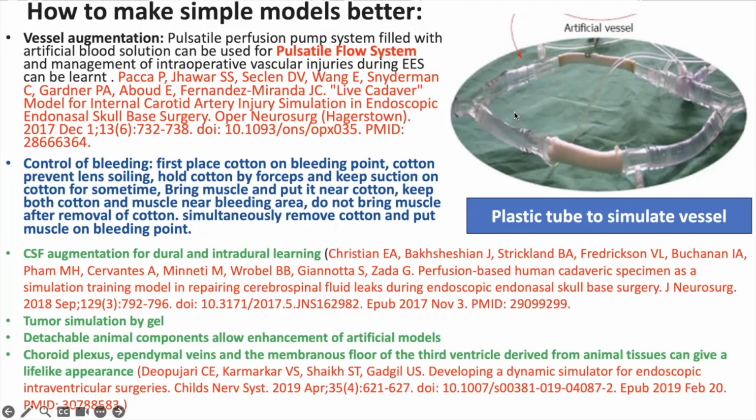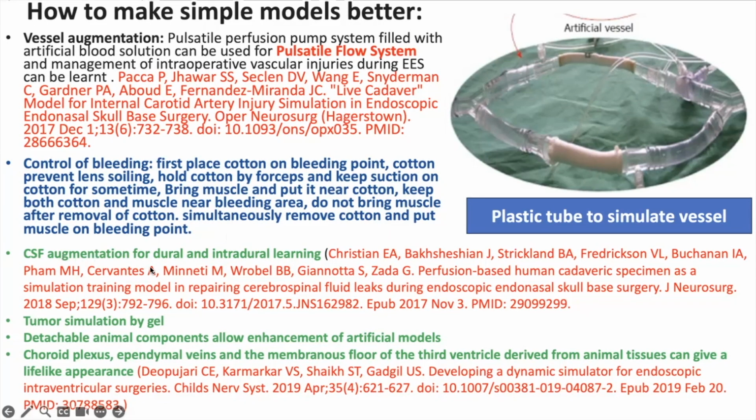This is the simulation model for repair of vascular injury. You can use a plastic tube which can simulate a vessel which can be torn, and then you can apply a clip under endoscopic control, or you can use some animal vessel and connect it with tubings which have a colored fluid, and the control of bleeding can be performed using these simple models.